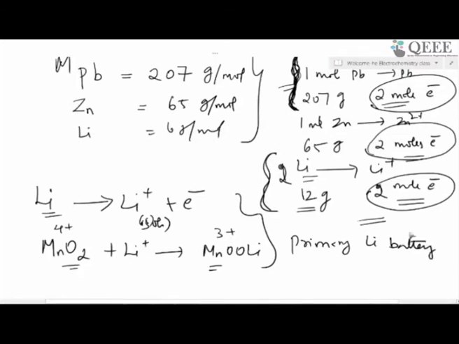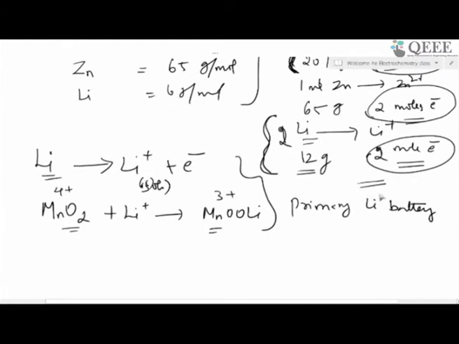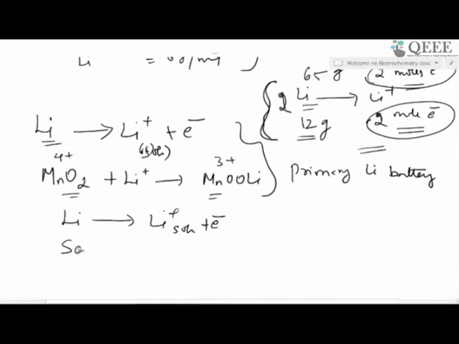Okay. So we can do the calculations. For example, there's another primary lithium battery, the lithium thionyl chloride battery. So that is, lithium will undergo oxidation and SOCl2 is the cathode here, and that will take the electron released by the lithium, undergo reduction to SO2, sulfur and 4Cl minus.